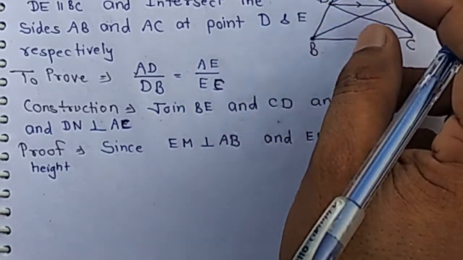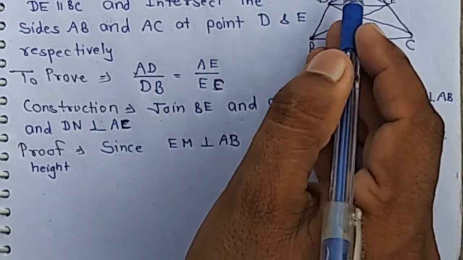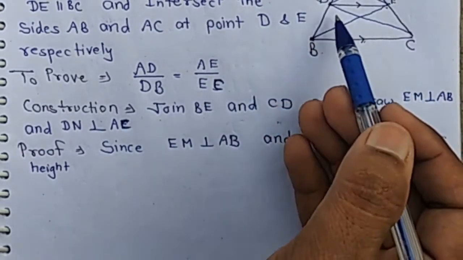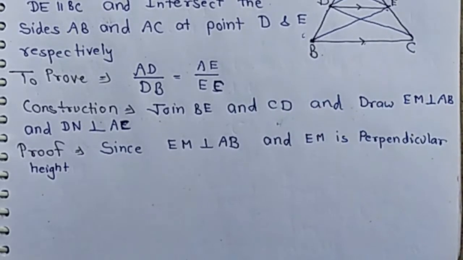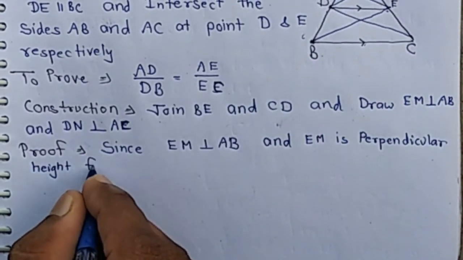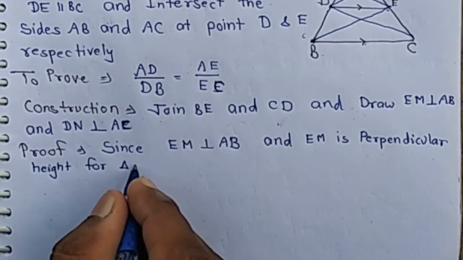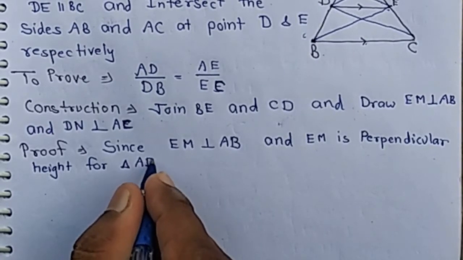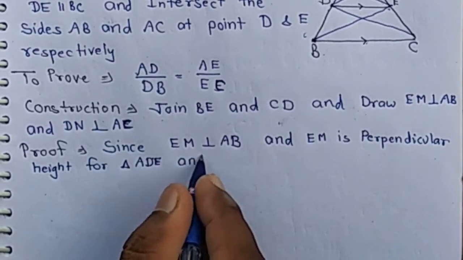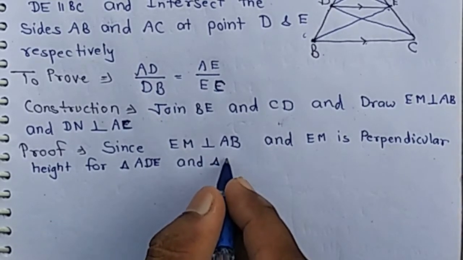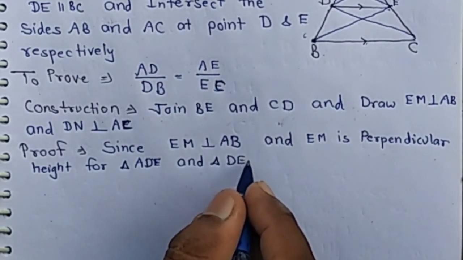EM is the perpendicular height for triangle ADE and also triangle DEB, because EM is perpendicular to AB.